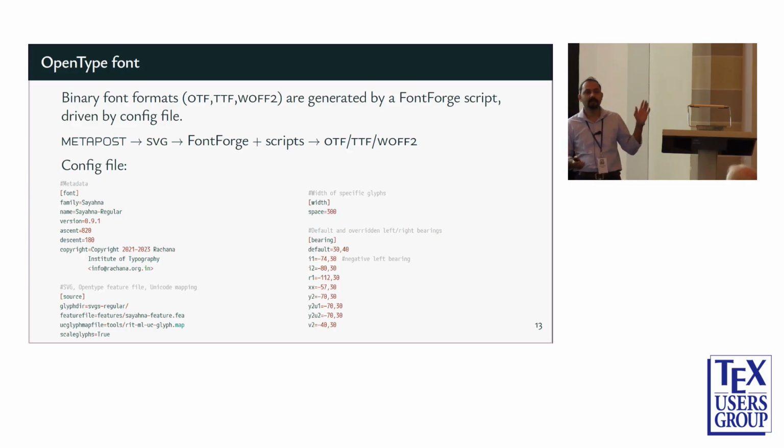It's simply the glyph name equal to the Unicode code point format. There is also an option to scale the glyphs automatically when FontForge imports them. Sometimes it's needed, sometimes it's not, because if the view box of all the characters is 1,000 by 1,000, you don't need to scale it, but otherwise you may need it. That can be set to true or false.